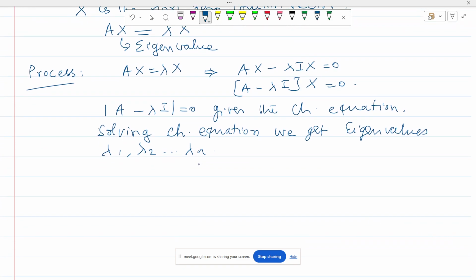I think a few of you still have doubt finding the eigenvalues and eigenvectors. Actually, I have explained two methods. One is the synthetic division method, otherwise the trial and error method or substitution method.